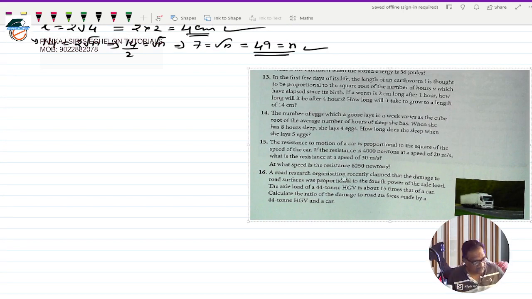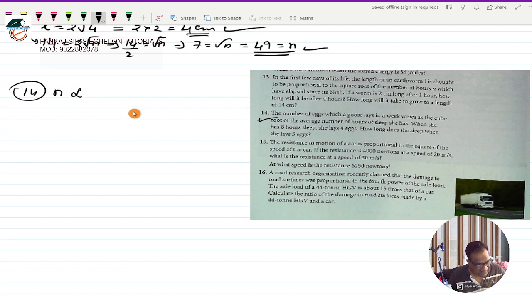Now, what question number 14 has to say is, here we are on question number 14. Question number 14 says that the number of eggs which a goose lays in a week, so number of eggs, that if I take as n, varies as the cube root of the average number of hours of sleep she has.